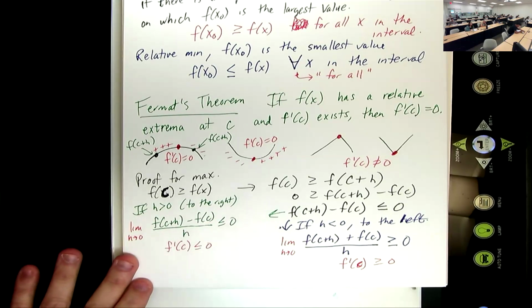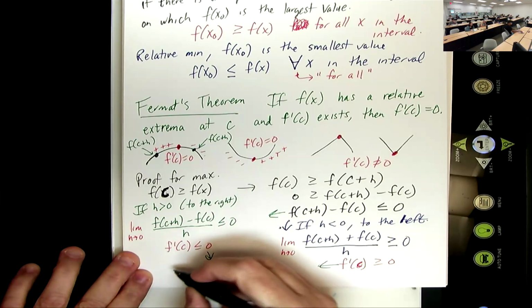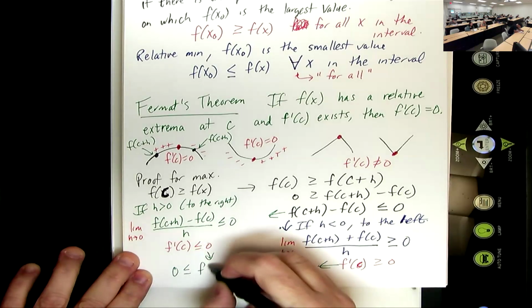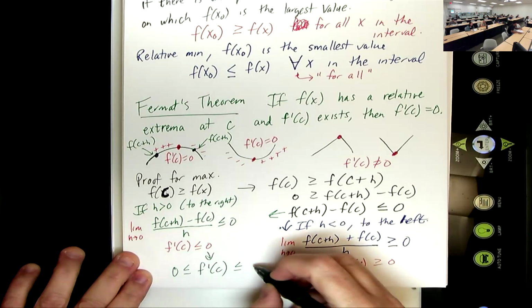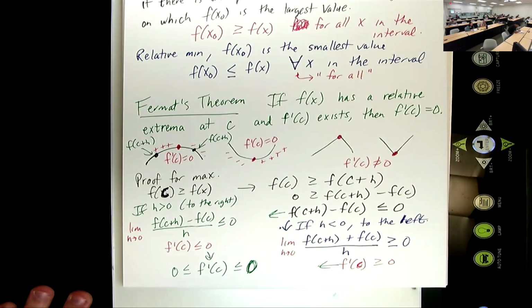So putting them together, I have 0 is less than or equal to f prime of c, which is less than or equal to 0. What does that tell me f prime of c equals? It can only be 0.